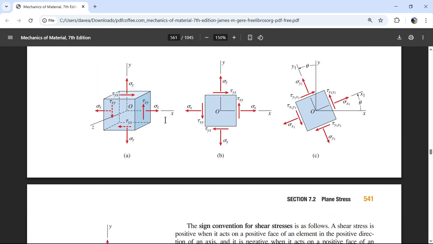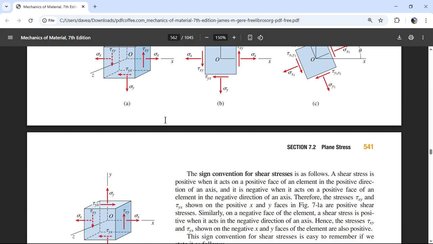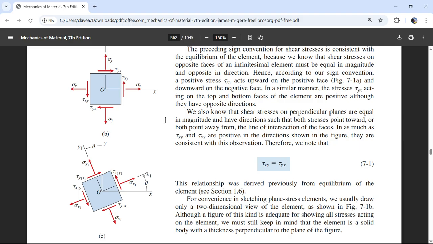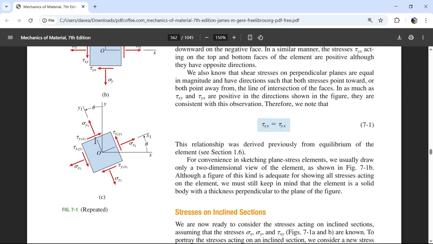Okay, so cool. So then the idea is, this has depth into the page, and we're going to rotate it, and we're going to try to find all of these.